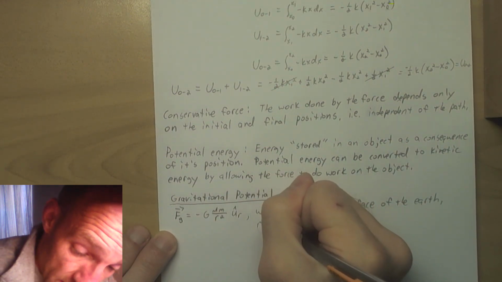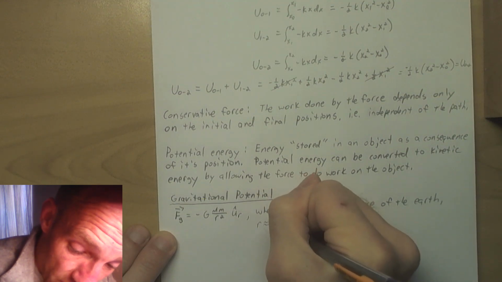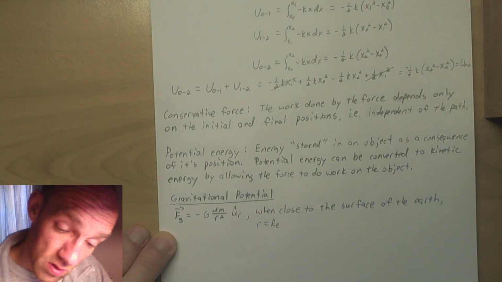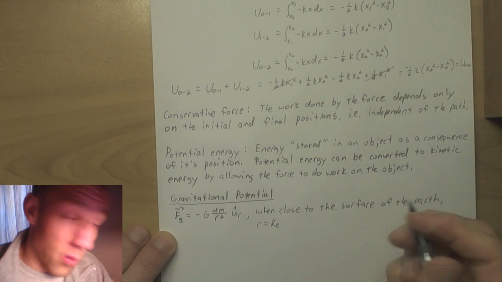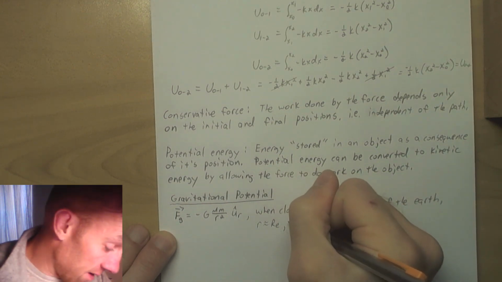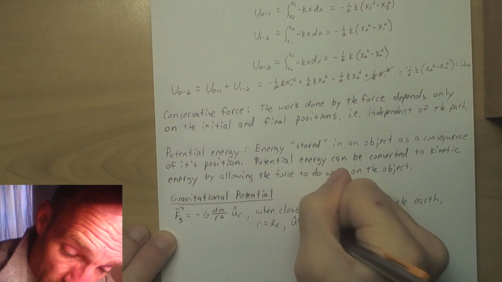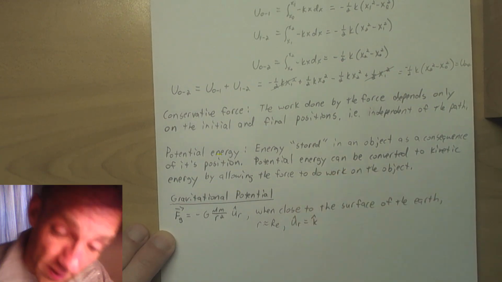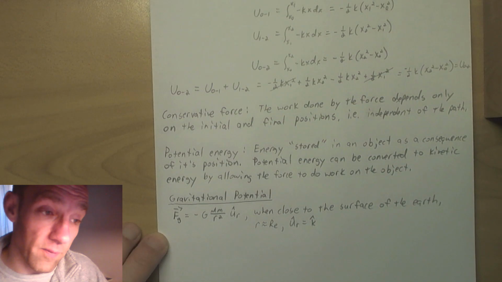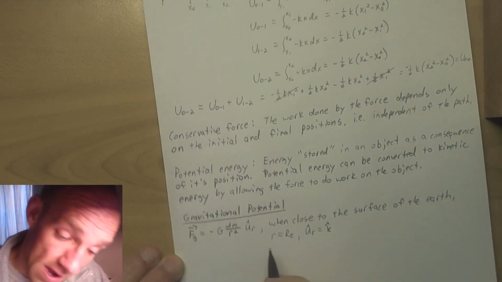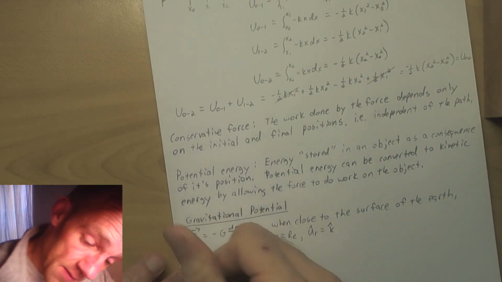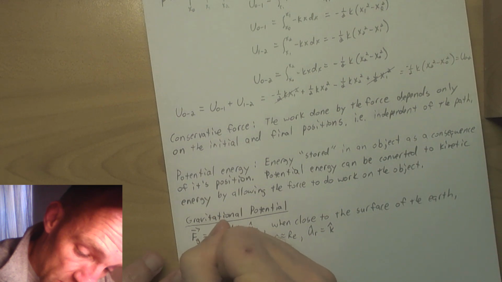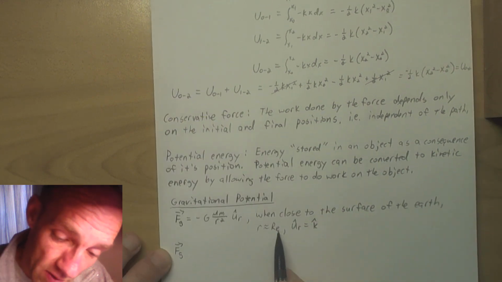R is essentially equal to the radius of the Earth, which is a constant from our point of view, and the radial direction is equal to k, typically, the upward unit vector, right? And so we can write this near the surface of the Earth. Now look at this.